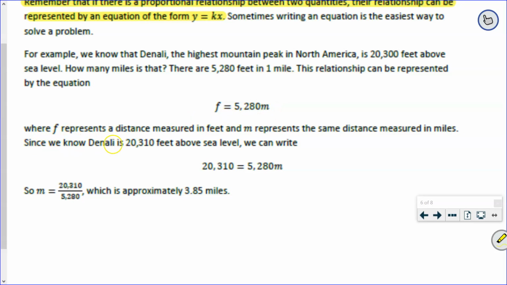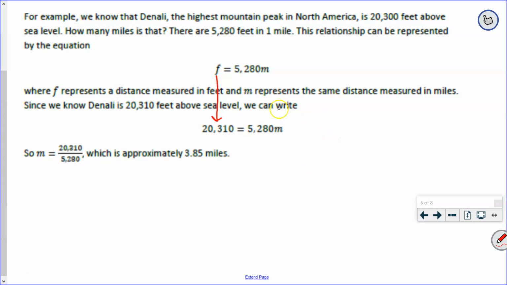So, if I want to know how many miles Denali is, it is 20,310 feet above sea level. So what I've done is I've taken this F and I've substituted it in for 20,310. And now we have the equation 20,310 is equal to 5,280 times m.